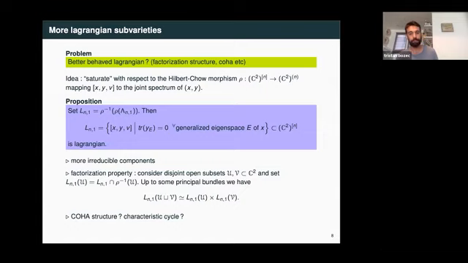So that's something pretty nice, properties that have been used before, for instance, to define coproduct of geometric origin on some cohomological Hall algebras associated to at least the Hilbert scheme itself.